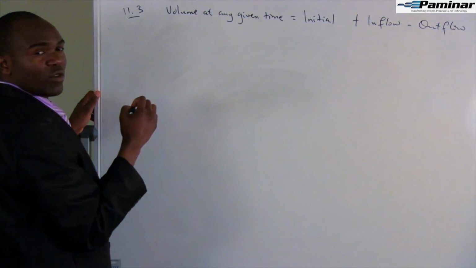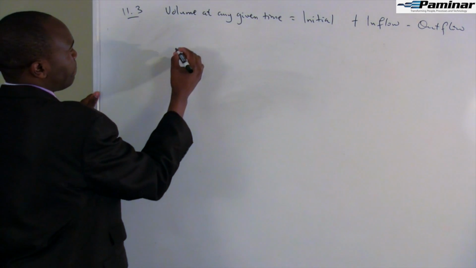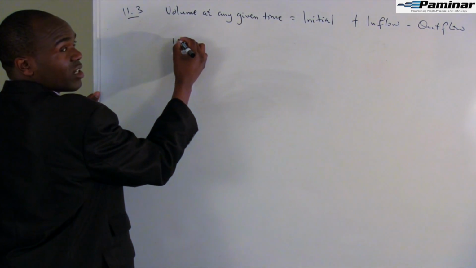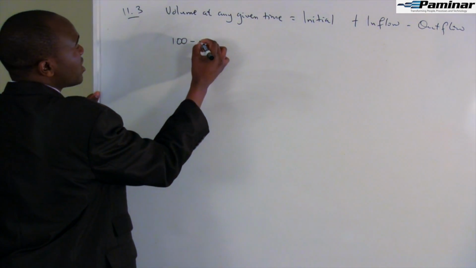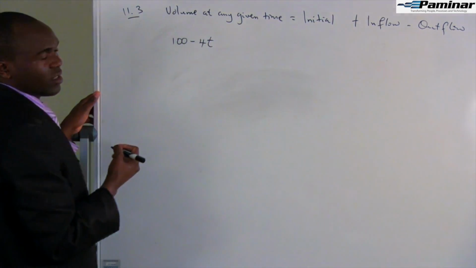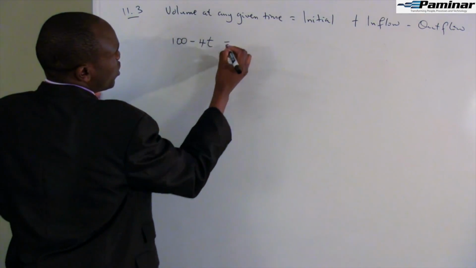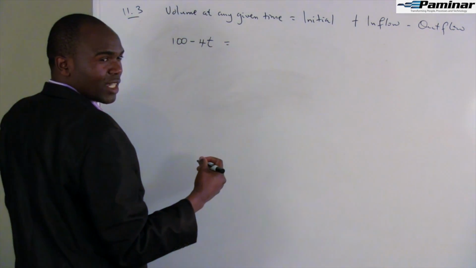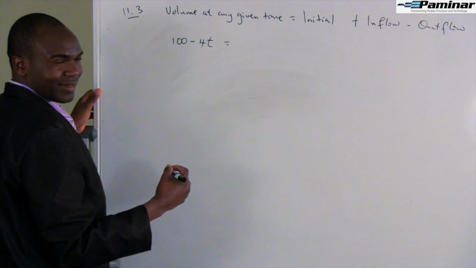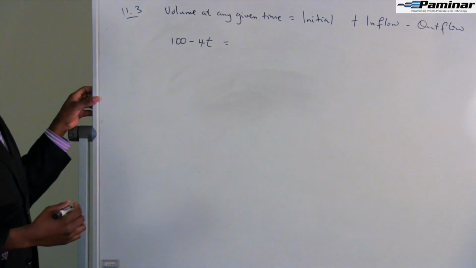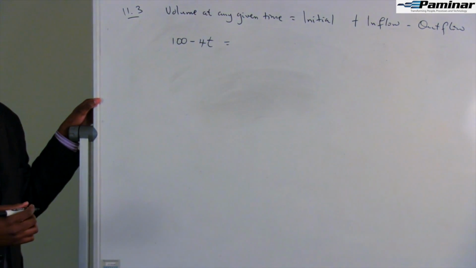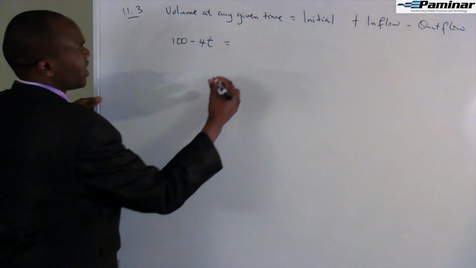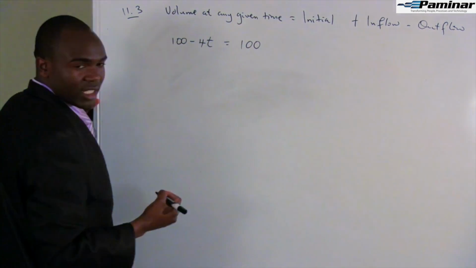So the volume of water at any given time, what was it? 100 minus 4t is equal to the initial volume. How much was the initial? That's it, 100 liters.